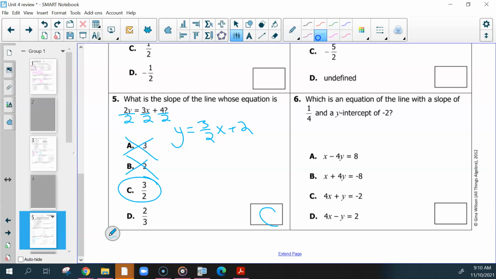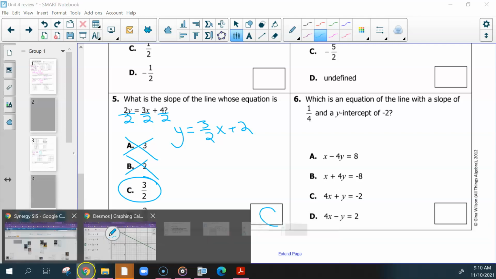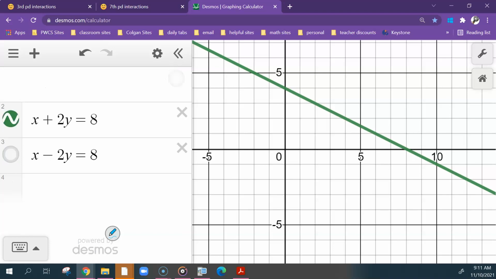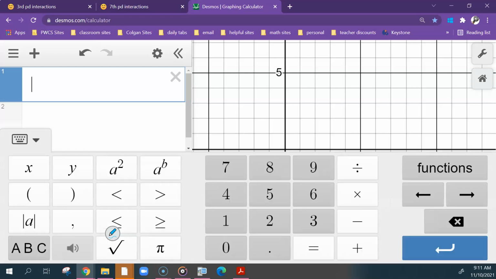I'm going to put this in Desmos. But if you wanted to convert them, you could also do that. So just as I did these, I'm going to put all 4 in at the same time.